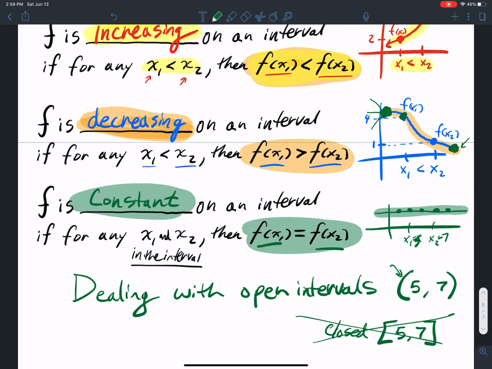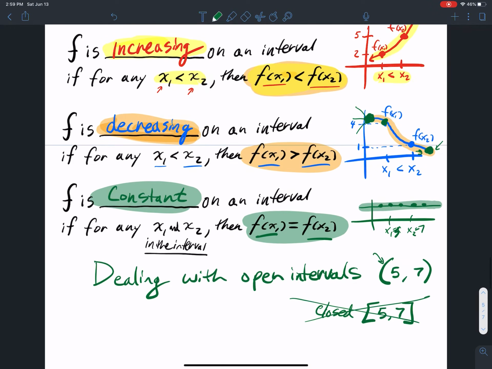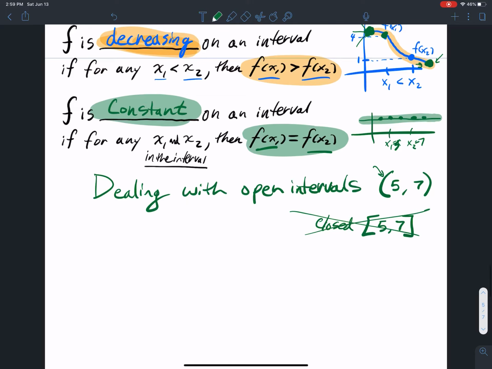You've got to know what both sides look like in order to say whether it's increasing, decreasing, or constant. It's got to be on this open interval idea. I won't get too caught up in the details, there are some nuances in there, so don't worry about that.